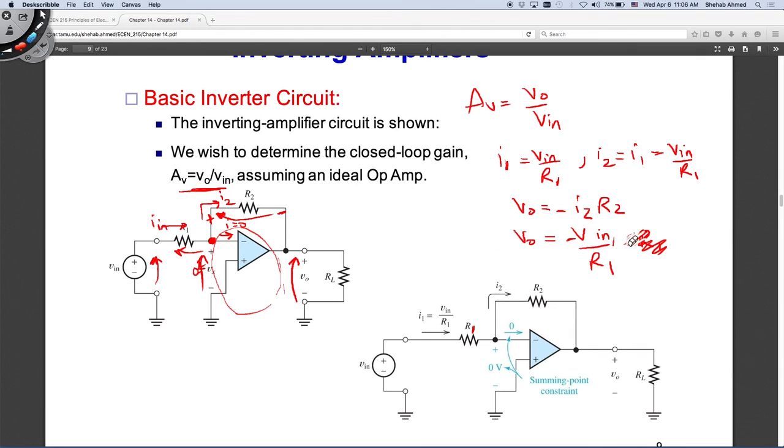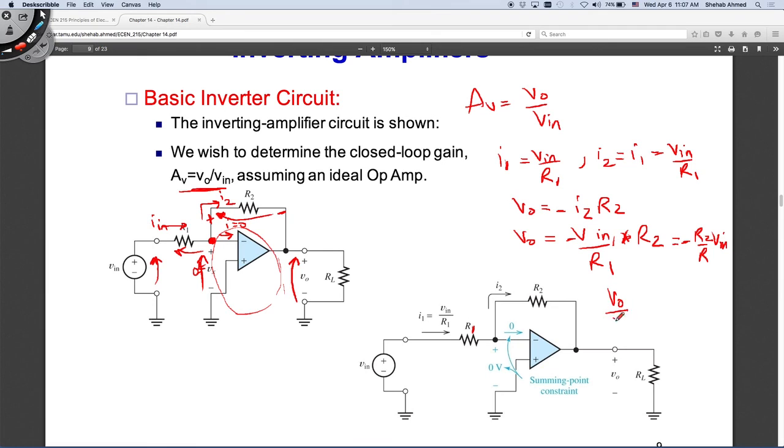Sorry. Right, it's I2 is equal to V input over R1. So V input over R1 multiplied by R2. So I just rewrite this as minus R2 over R1 times V input.